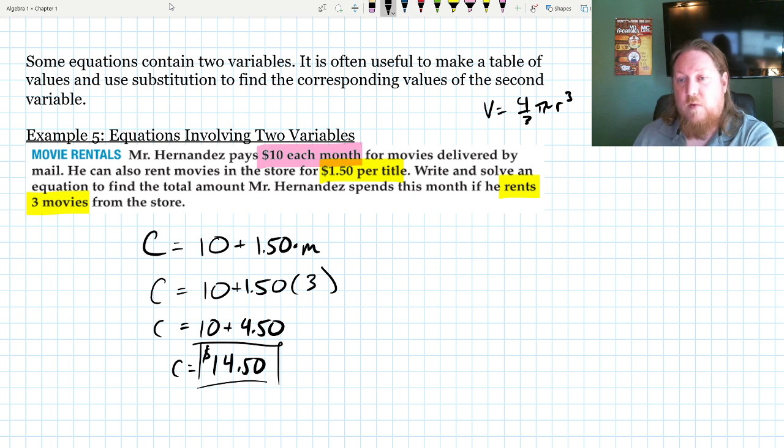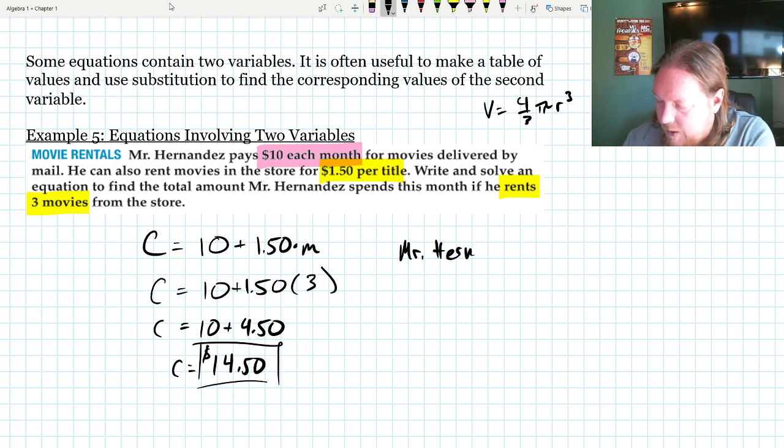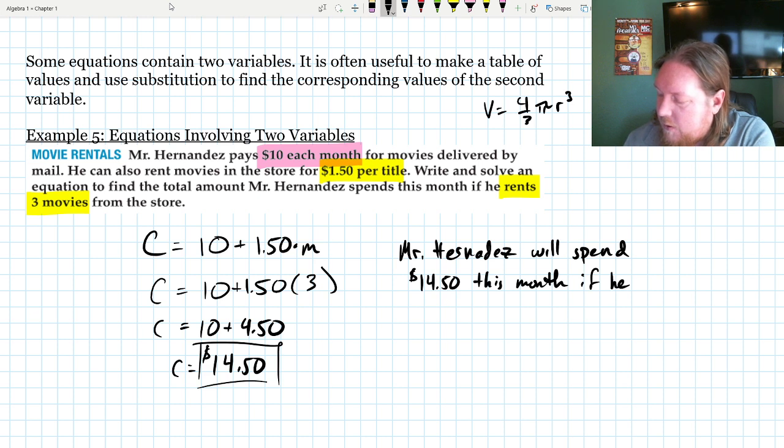But if you want to practice writing it out, we're going to write: Mr. Hernandez will spend $14.50 this month if he rents 3 movies from the store.